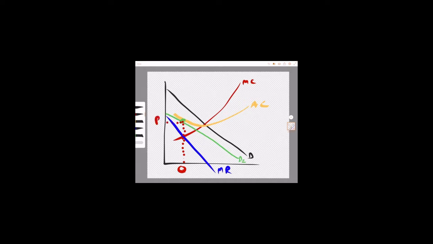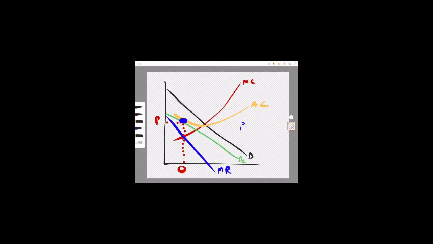Now that price is going to be lower than originally, and what we see is that this spot right here, where the tangency of the average cost curve and the new demand curve are, that ends up being the price.